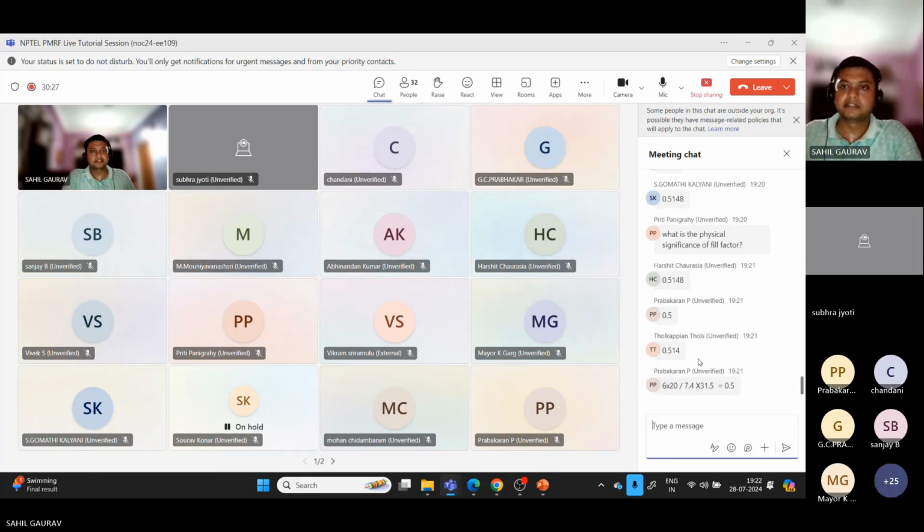Harshit asks, what is the physical significance of fill factor? Here I will give you the means of how to solve this problem. I think you have all gone through the class lectures, and from there you have understood the physical significance of fill factor. I can give the answer, but not in a better way than what the professor has delivered.